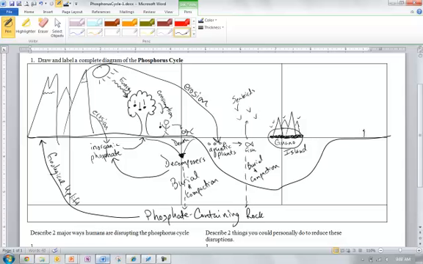We're going to add some crops, we're going to add a home, and we're going to add a lawn over there on the right hand side. We can take the phosphorus in the guano and add it to the crops as artificial fertilizer.